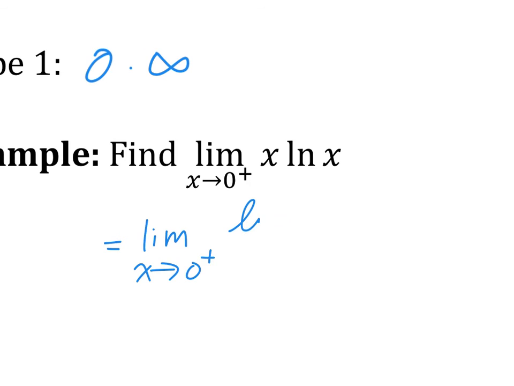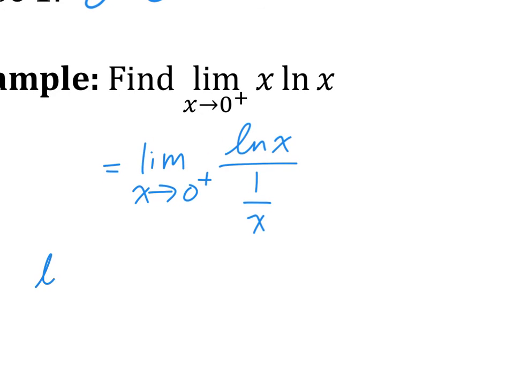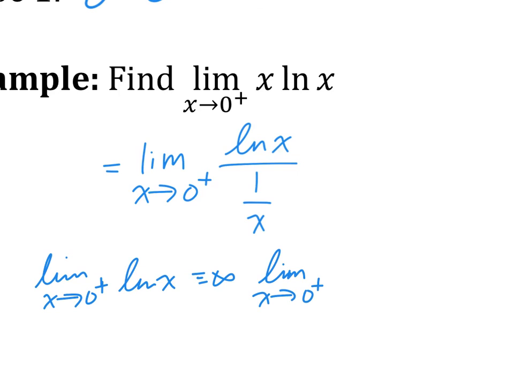So it is natural log x over 1 over x. This way, if you plug in 0, what do you get? Negative infinity over undefined, so like infinity. So basically, the limit as x goes to 0 plus is negative infinity, and the limit as x goes to 0 plus of 1 over x is infinity.